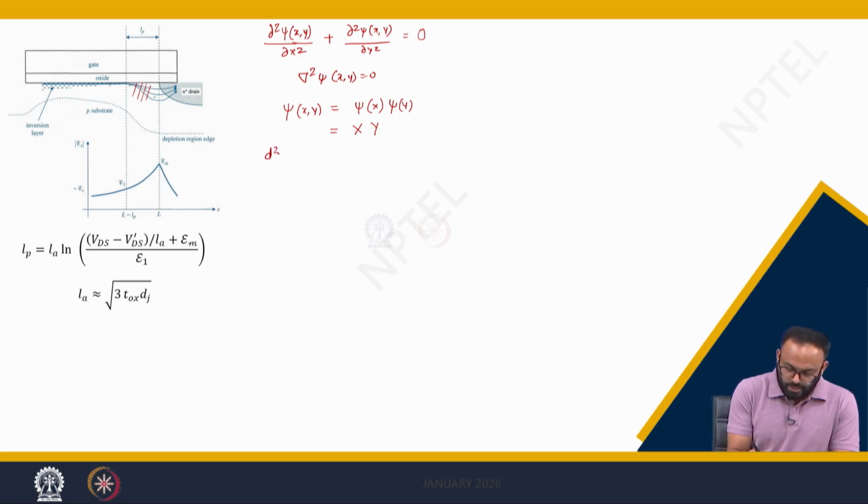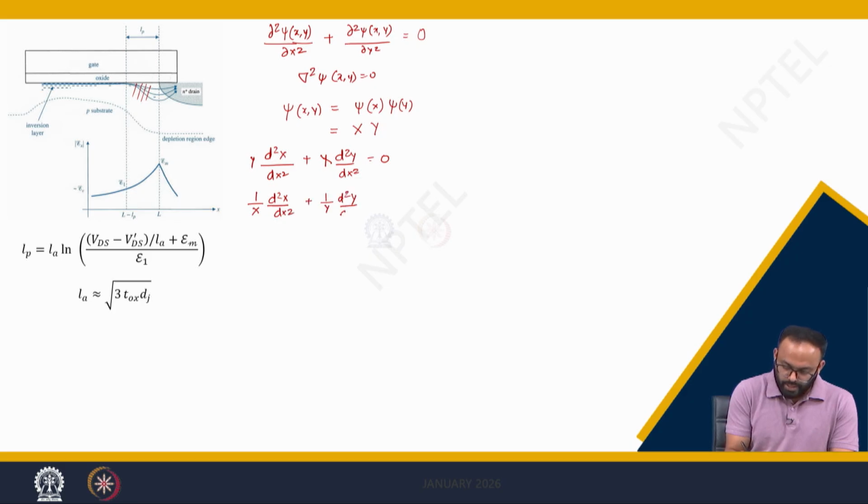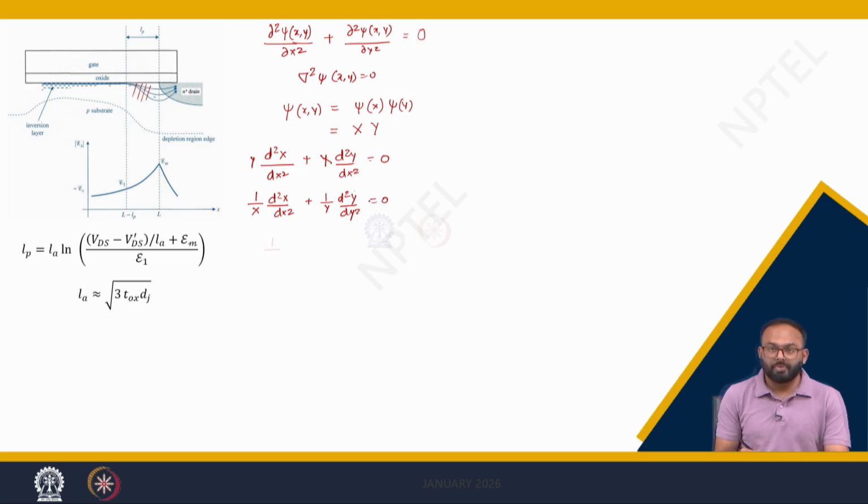So this can be written as y d square X by dx square plus X into d square Y divided by dy square is equals to 0. Or you can simply rewrite as 1 over X d square X divided by dx square plus 1 over Y d square Y divided by dy square is equals to 0.